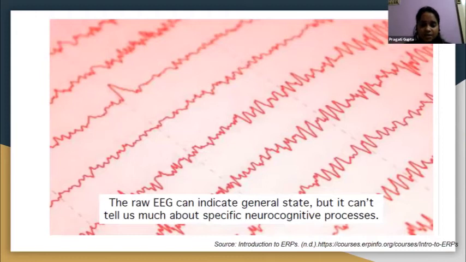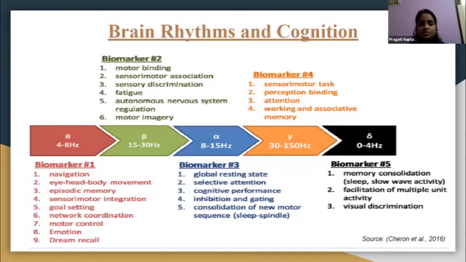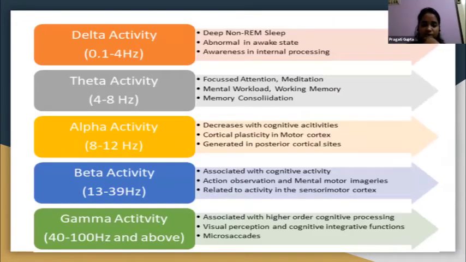We can go deeper, but the motive of the study was to try to study what ERPs are. When we see the raw EEG, we cannot determine the specific cognitive states. For that we require specific processing, with specific time-related events. The raw EEG can provide our understanding of these brain rhythms and is used in sleep research and in clinical populations like epilepsy, dementia, or Alzheimer's.